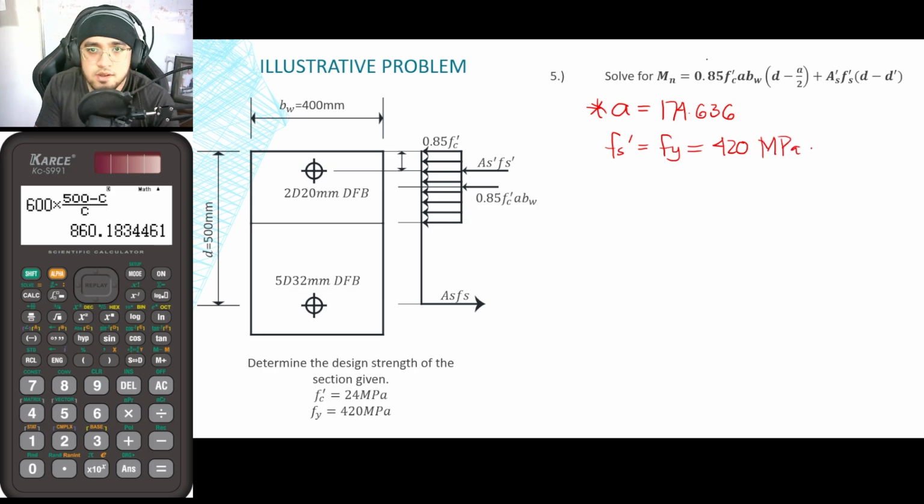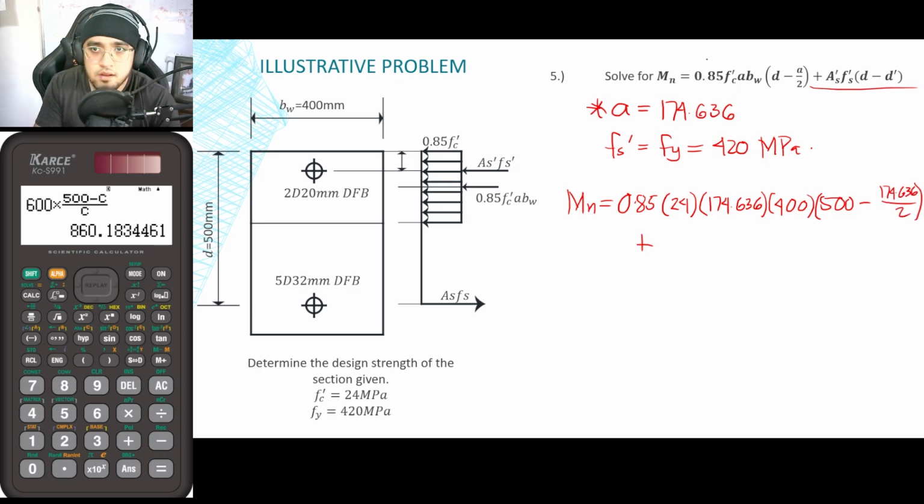megapascals. So substituting all known values, Mn is now equal to 0.85 times f'c of 24 times a of 174.636 times bw of 400 times the lever arm of d, 500 minus a over 2. Our a is 174.636 divided by 2, plus this particular value here.